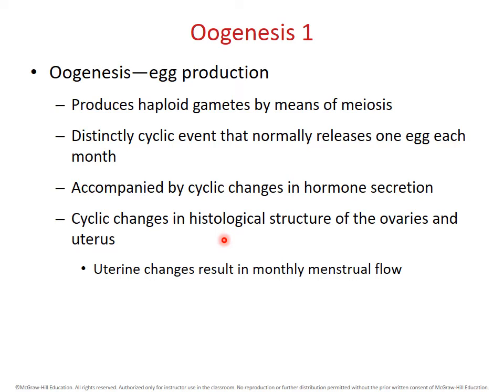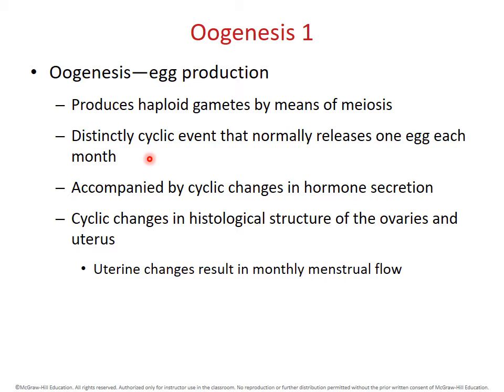And of course, instead of a constant production of sperm cells like we see in the male, because of some cyclic changes that occur in hormones and the cycle of ovarian development itself, you generally only have a single ovum available for fertilization every 28 days.